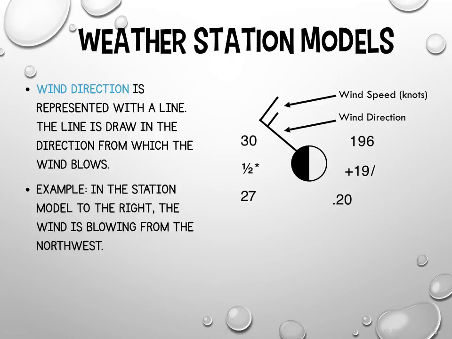Oh, the pen doesn't want to write today. Maybe draw that real quick on your notes so that when we're drawing the wind direction, it's drawn towards where it's coming from. So if our wind was going to the northeast, this whole piece would be over here instead. Please make sure that you draw that compass rose.